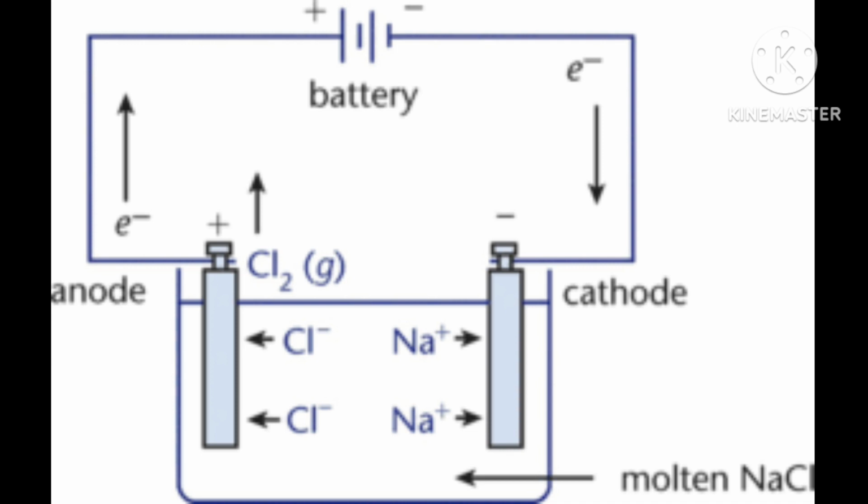Adding both reactions: H+ plus 1 electron is the reduction, giving half H2, and the other reaction is H2O giving H+ and OH-. When you add them, H+ cancels out. On the left side you get only H2O plus electron, and on the right side half H2 plus OH-.